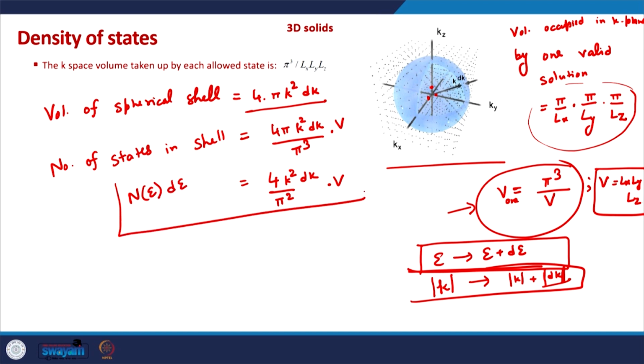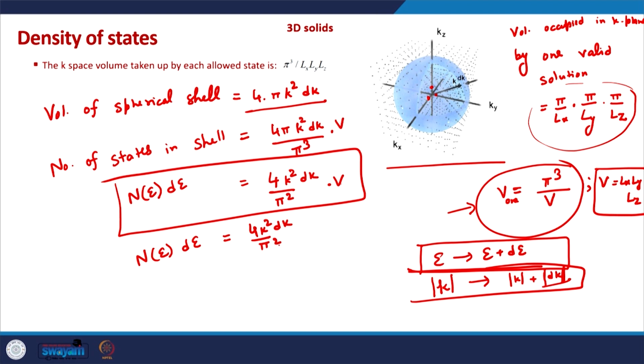The number of electronic states in the energy range from E to E plus dE is 4 k square dk times V divided by pi square. Number of electronic states per unit volume of the solid would be 4 k square dk by pi square.